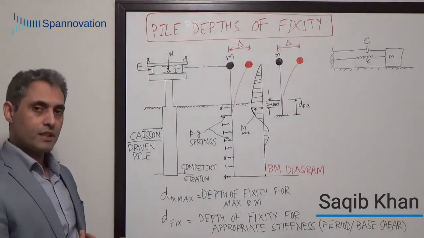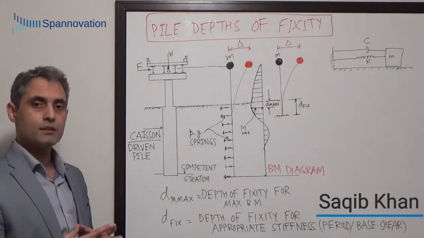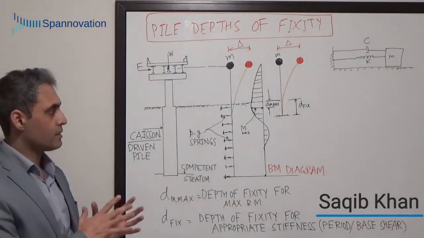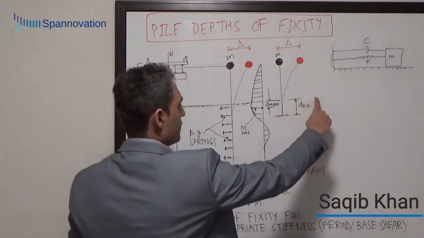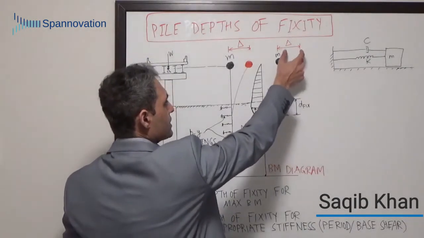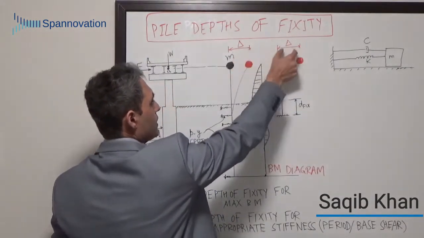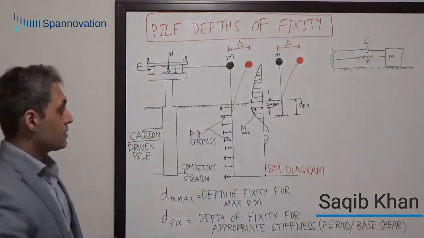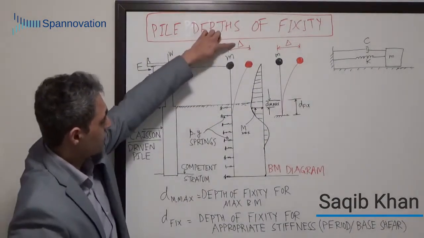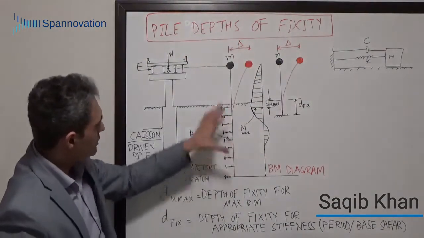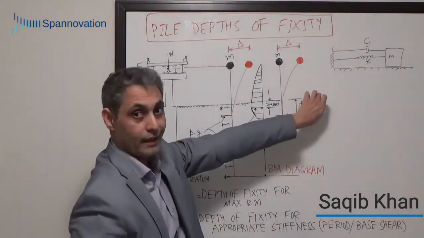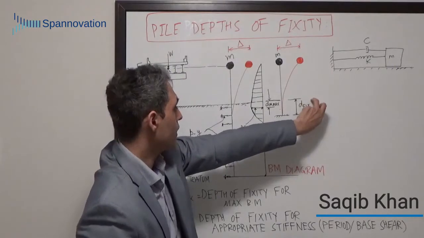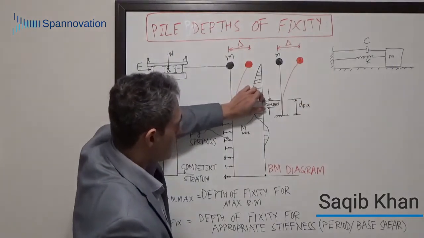What we're after when we start our analysis in this simplified manner is to come up with a depth of fixity of the pile that gives me the same displacement between these two systems. This system is going to displace through delta with all these soil springs and the entire length of the pile. This system has a much shorter pile length, which is certainly not going to be equal to this D_M max.